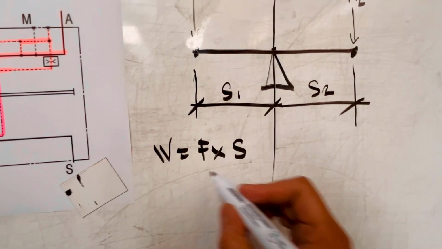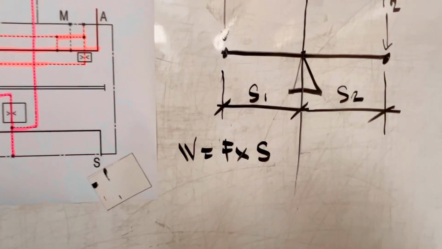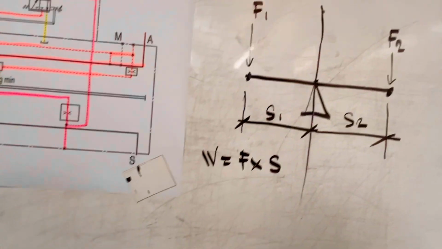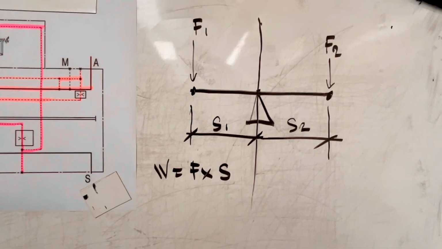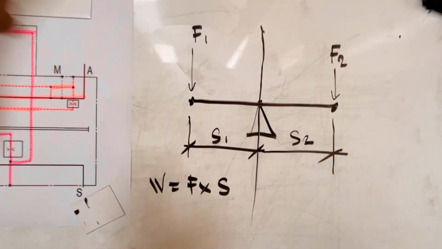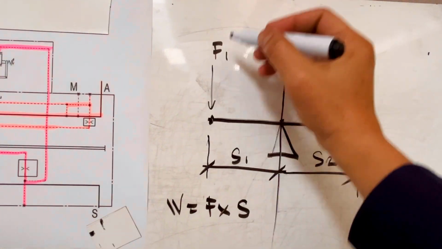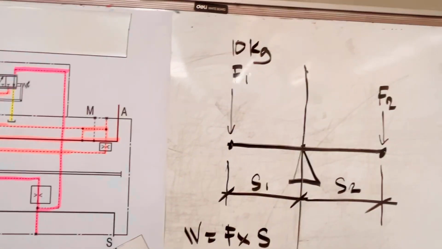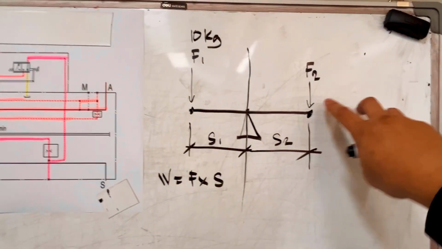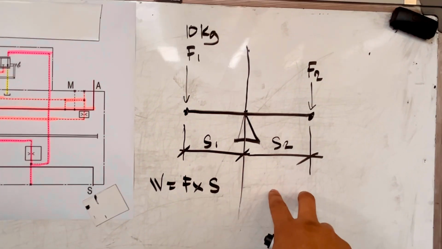So work is force times distance, or Newton meter. Now, for the seesaw, if you have 10 kilogram here, for this training only, guys, obviously to balance that you have 10 kilogram here if you have the same distance.